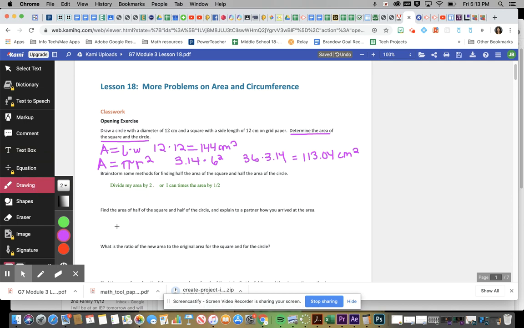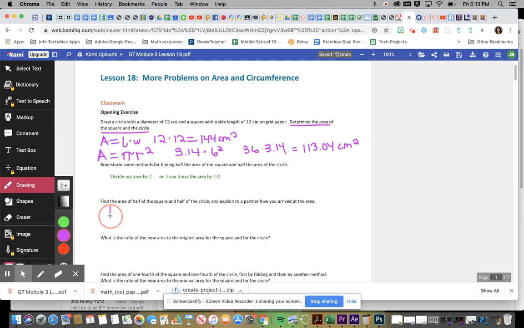It says find the area of half the square and half the circle. Well, the area of the square was 144. So if I use this divide by 2 method and I divide that by 2, I would get, what, 14 divided by 2 is 7, 4 divided by 2 is 2, so 72 centimeters squared for the square.